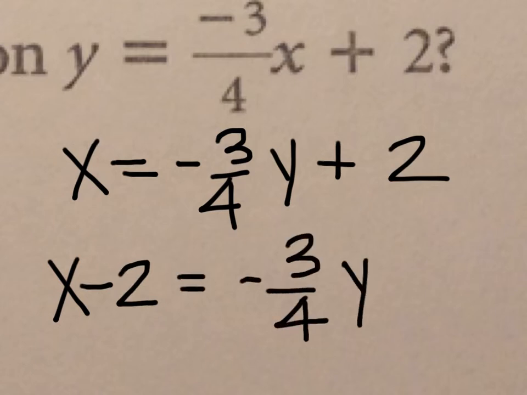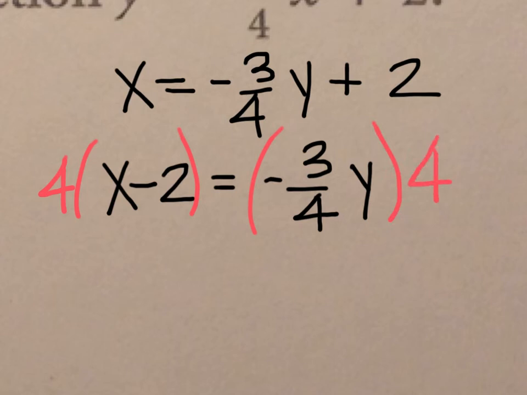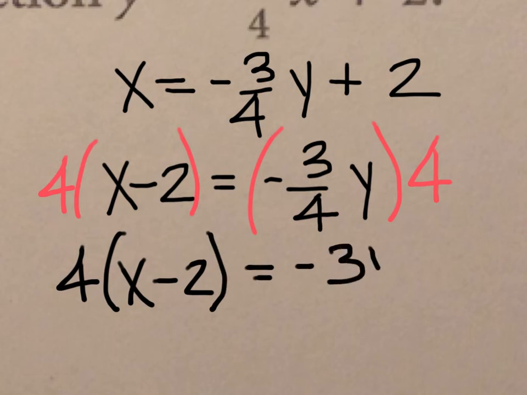And then we need to get rid of the -3/4. If we multiply through by a 4 on both sides, what I come up with is 4 times the quantity x minus 2 equals -3y.